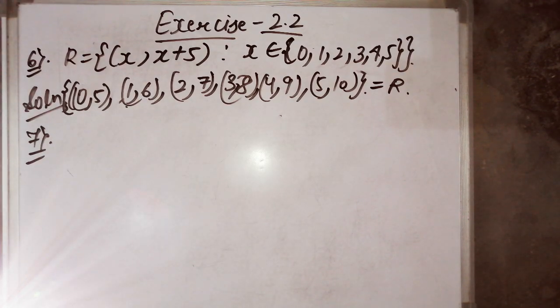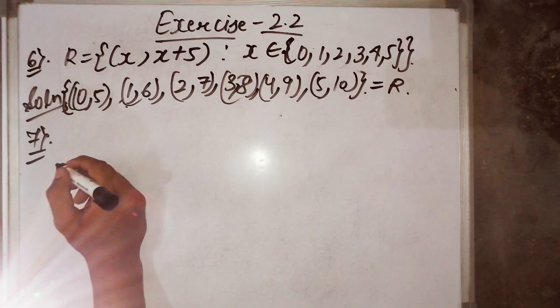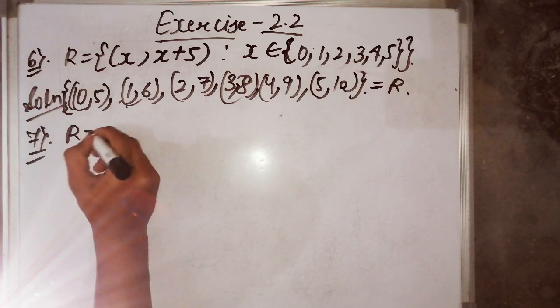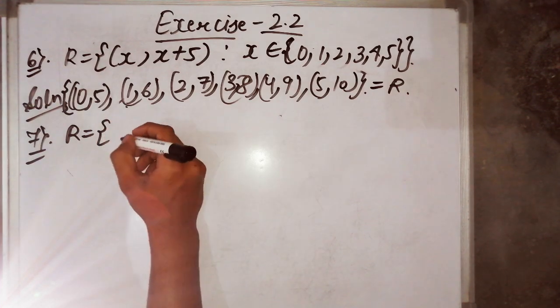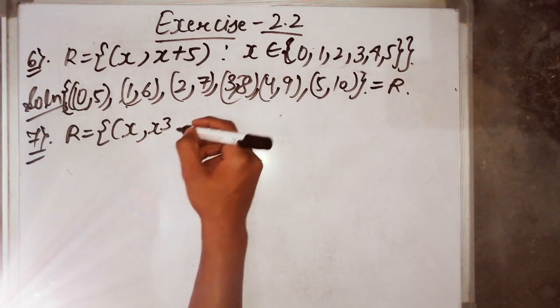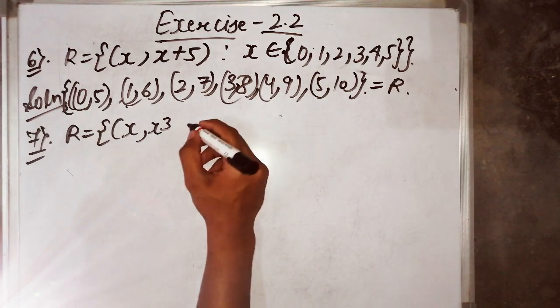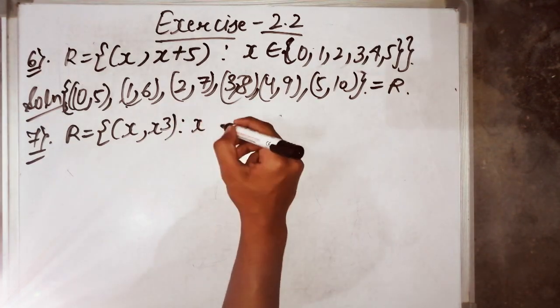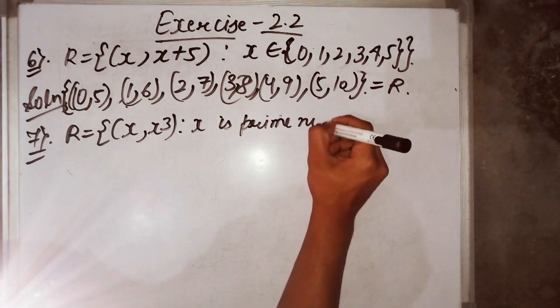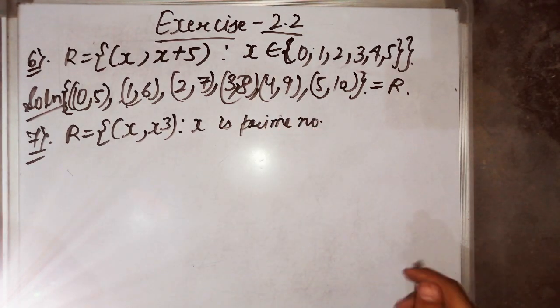Write the relation R, where x is related to x cube, where x is a prime number less than 10, in roster form. This was the question which I spoke right now. Relation R equals x cube, where x is a prime number less than 10.